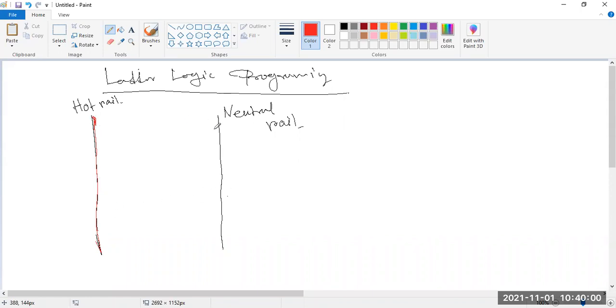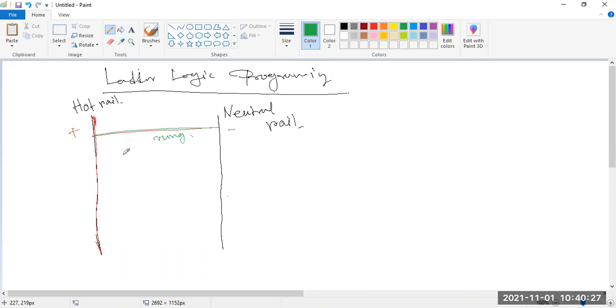So these are the two lines here. If we need some communication, then we have to put some line between them, so that current flows from positive to neutral. If I connect this line, it is called a rung.